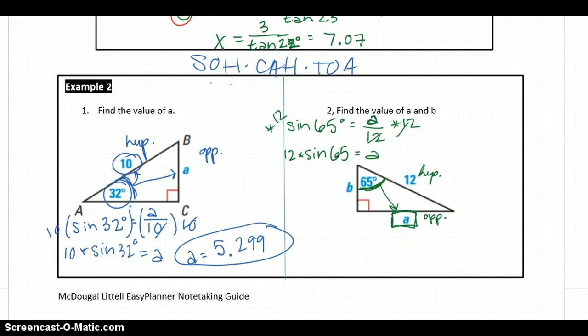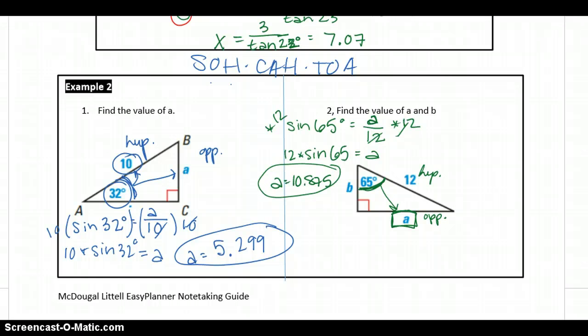Plug this into my calculator, and you should get 10.875. If you are plugging these into your calculator and not getting these same answers, you need to check with us that you are plugging it in correctly.